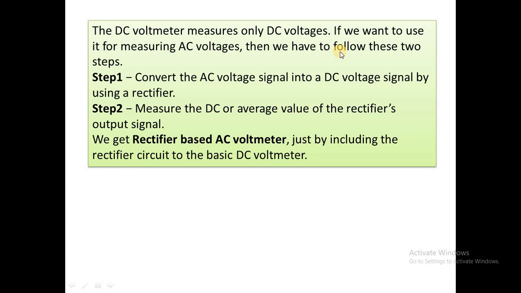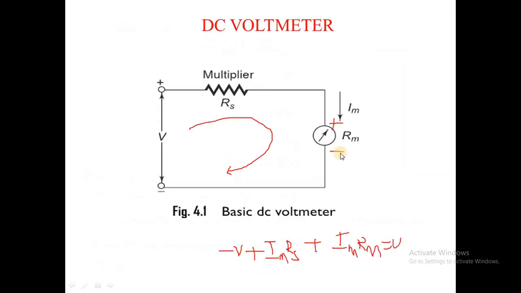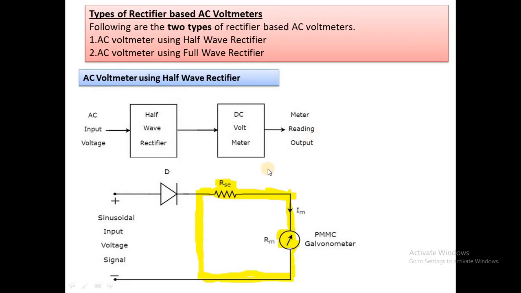Okay, understood? If you didn't understand, no problem. If you see this diagram, you can easily understand this. Up to this part, the series resistance along with the PMMC galvanometer indicates the DC voltmeter.